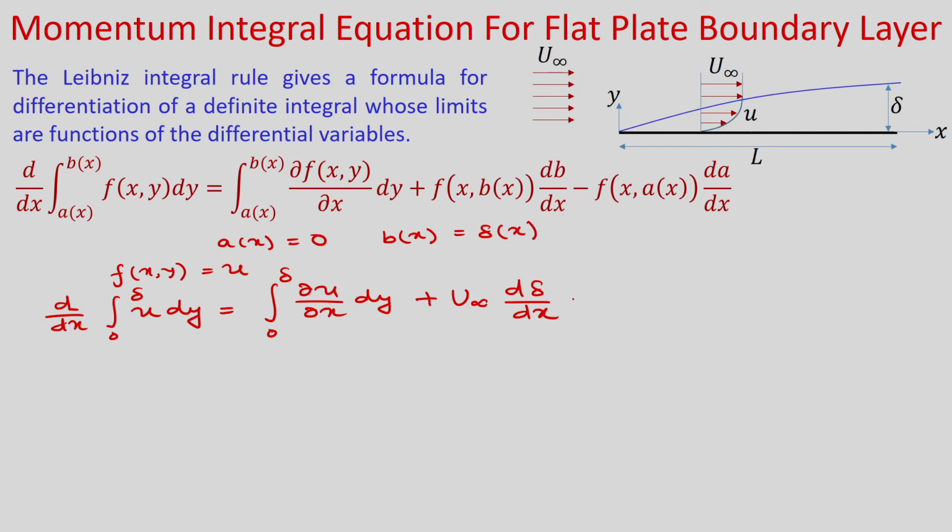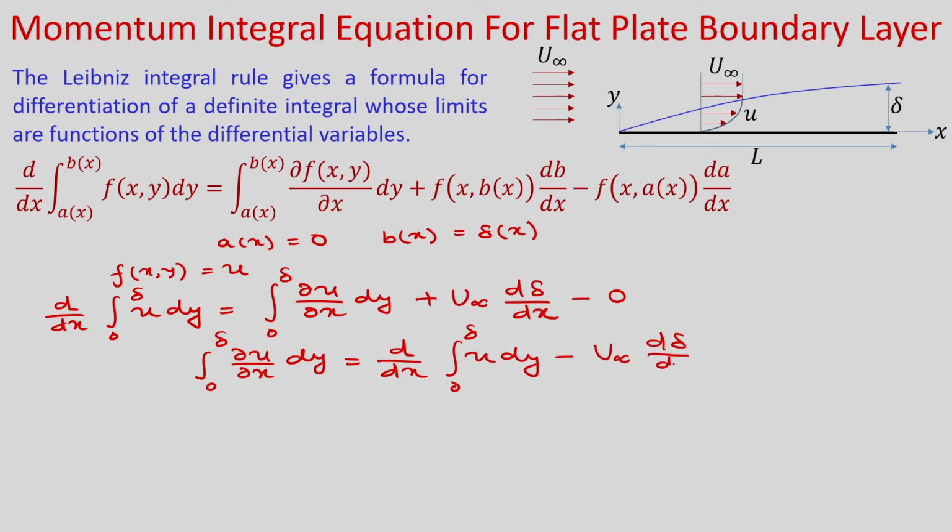So, this will become 0 minus 0. Okay. So, we can write the integral from 0 to delta of ∂u/∂x dy is equal to d/dx of the integral from 0 to delta of u dy minus u infinity d delta/dx.